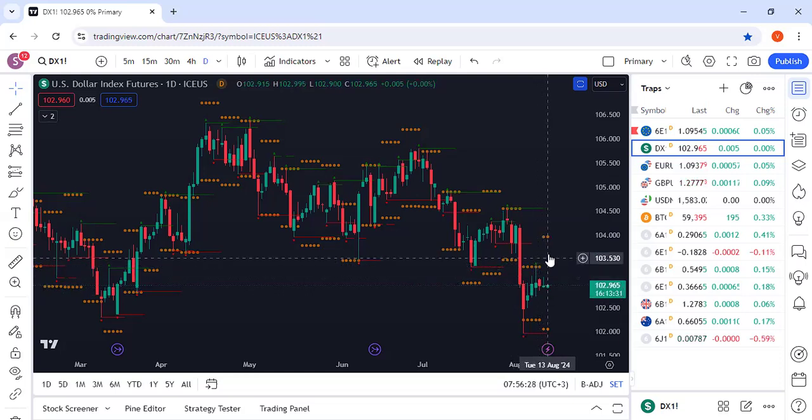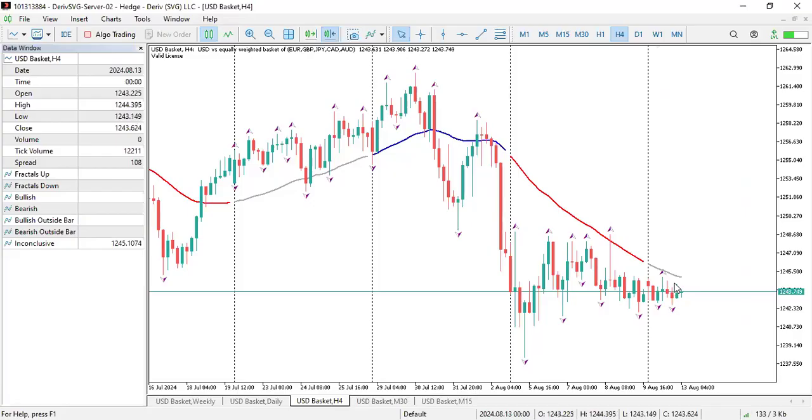We might just run above it and then reject and begin to trade lower. All right, but off fractal we are bearish. Our volume trend is equally bearish at the moment.